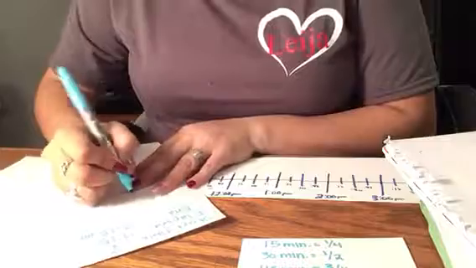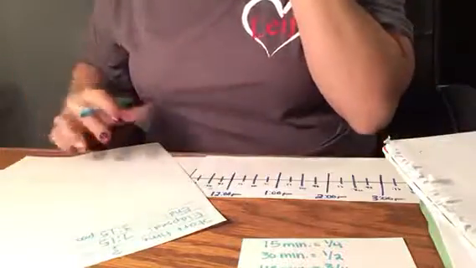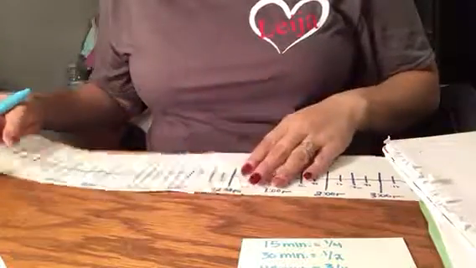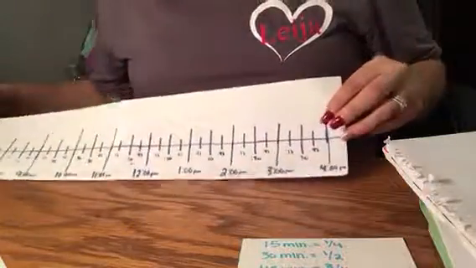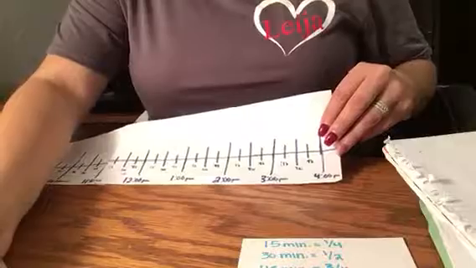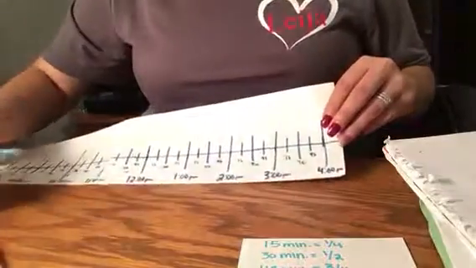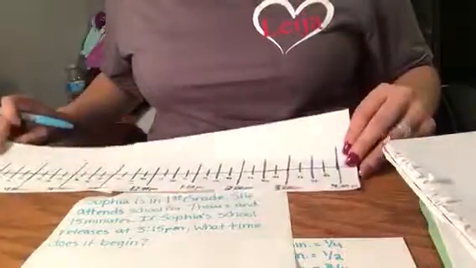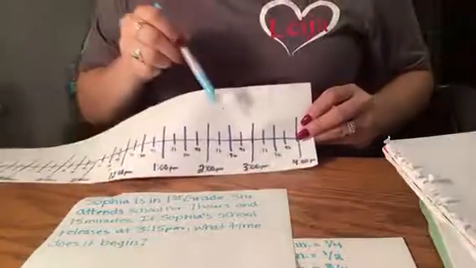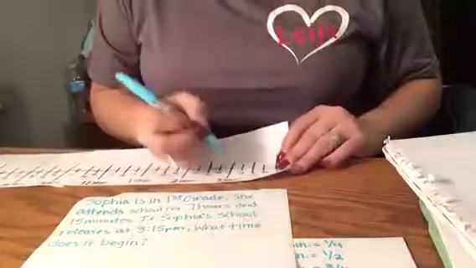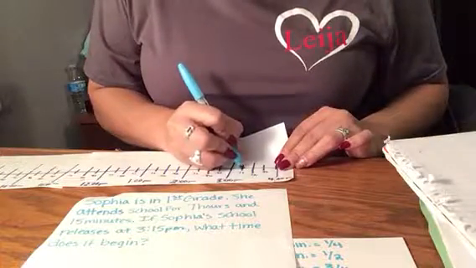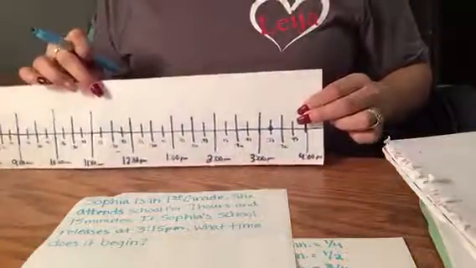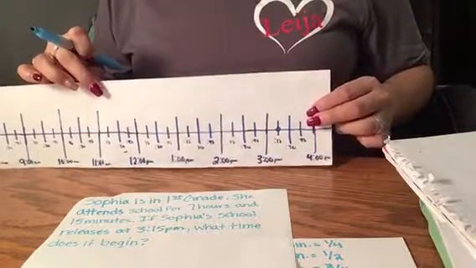So since we have 15, let's go ahead and mark our number line as well. So our ending time is 3:15 p.m. So this is our starting point on the number line. We're going to reach our nearest hour.